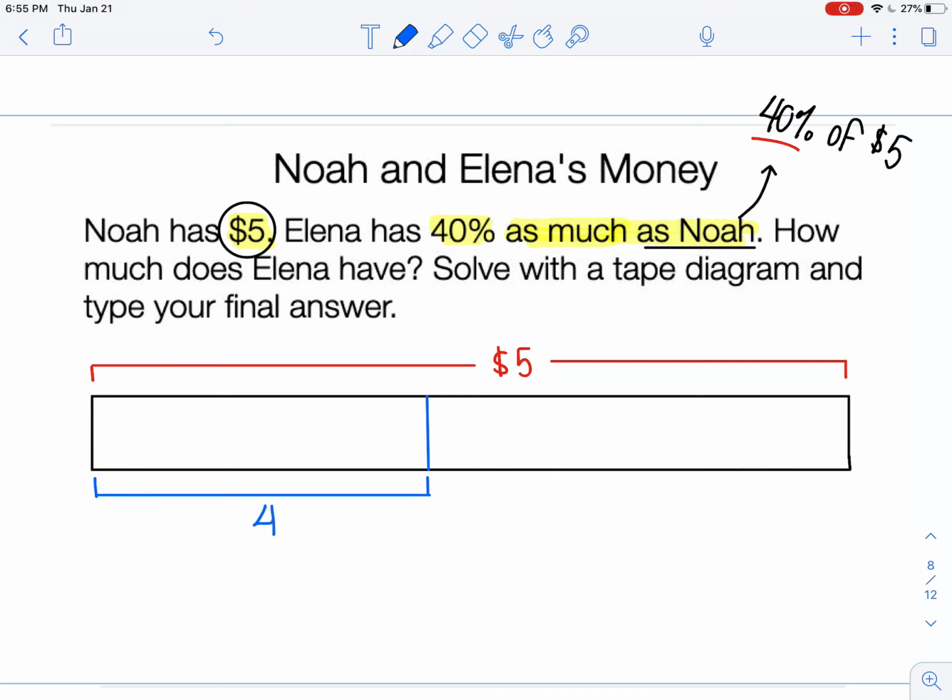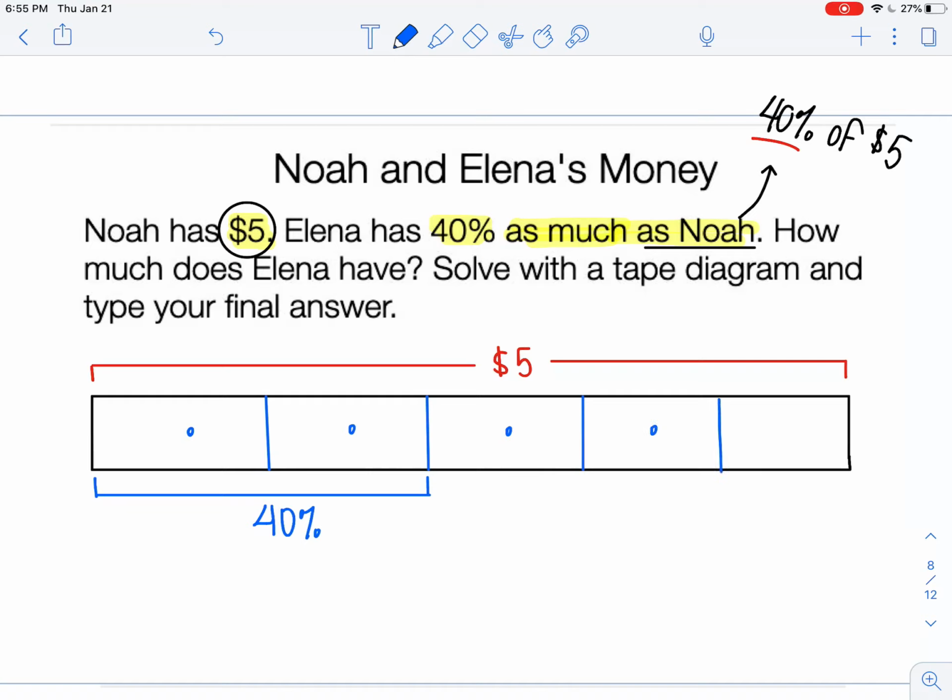But of course, I want to draw this in a way that I can see what each box represents. So if I want to split up my box in a way that will allow me to see 100% in total, I could go ahead and count by 20s. So I've got my first 20% here, my second 20% here, so that's 40%. I've got my third 20%, so that's 60%.